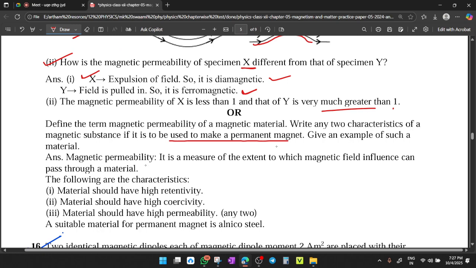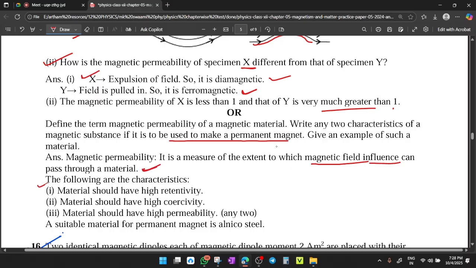Or, as I taught yesterday, it is the ease provided by the material to propagate the magnetic lines of force through itself.